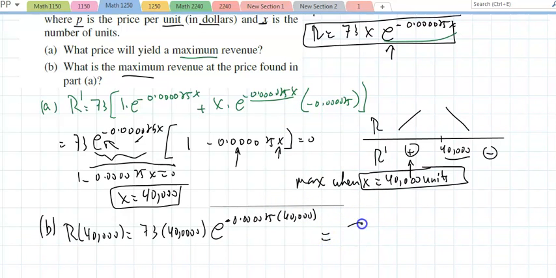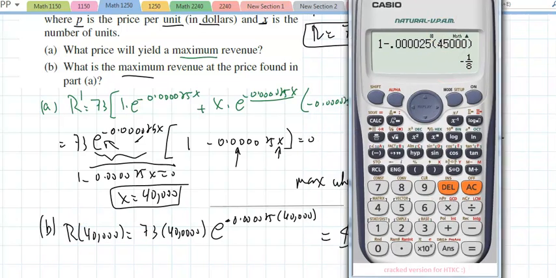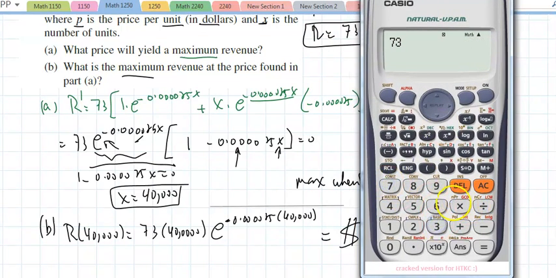And that would be how many dollars? I'll get my calculator out again. 73 times 40,000 times, making sure I have enough zeros, e to the negative 0.000025 times 40,000.